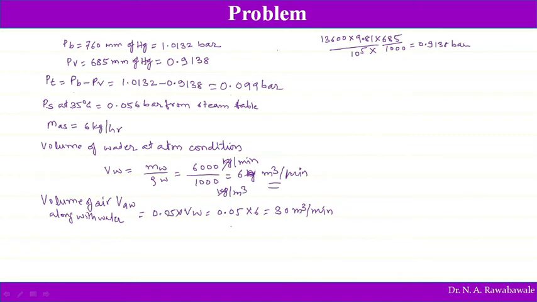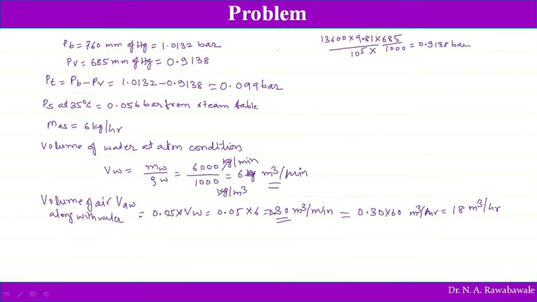If we want to convert this into meter cube per hour, multiply it by 60: 0.30 into 60 is 18 meter cube per hour. So 18 meter cube of air enters.